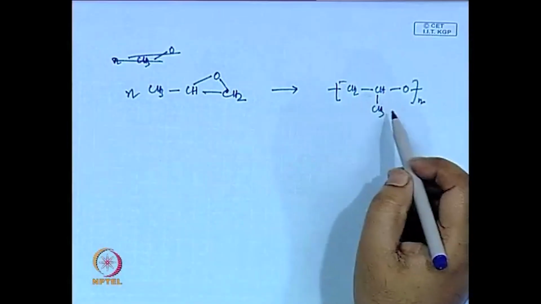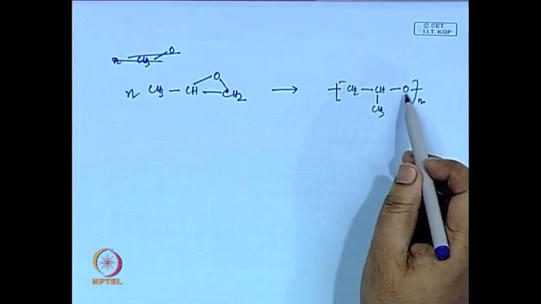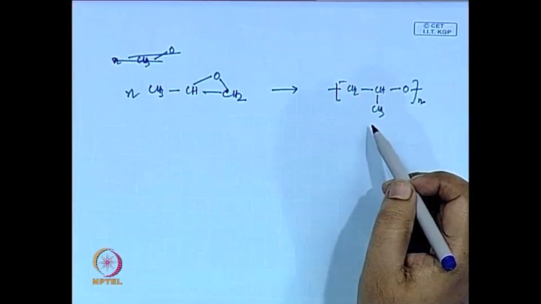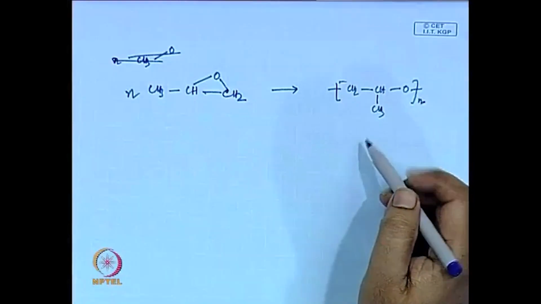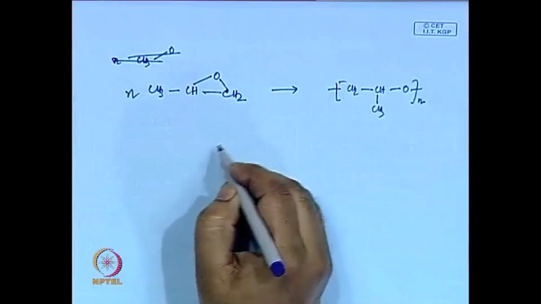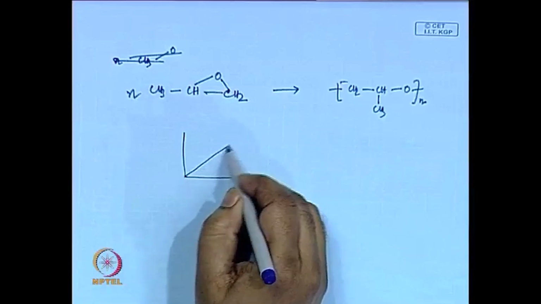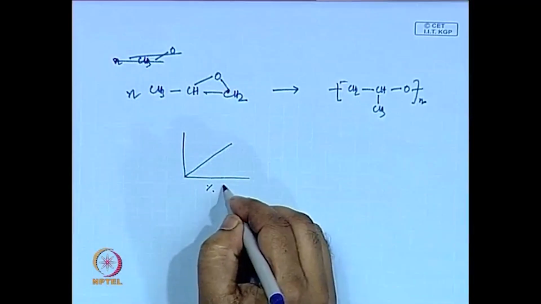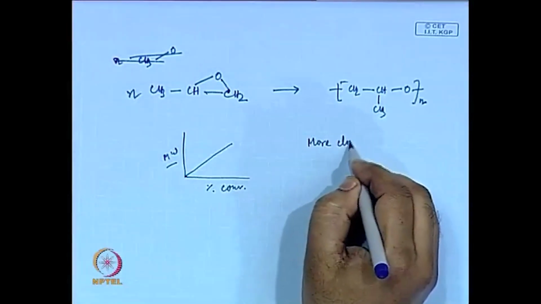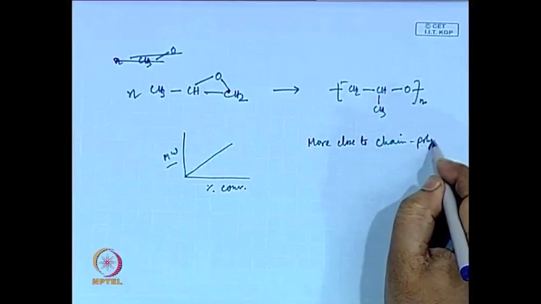By looking at the structure of this polymer molecule, because it has a heteroatom in the backbone, the ether group, it seems like it is a step growth polymer, but the mechanism of these polymers resembles more a chain polymer of the type I mentioned on the last page. So, more close to chain polymerization.